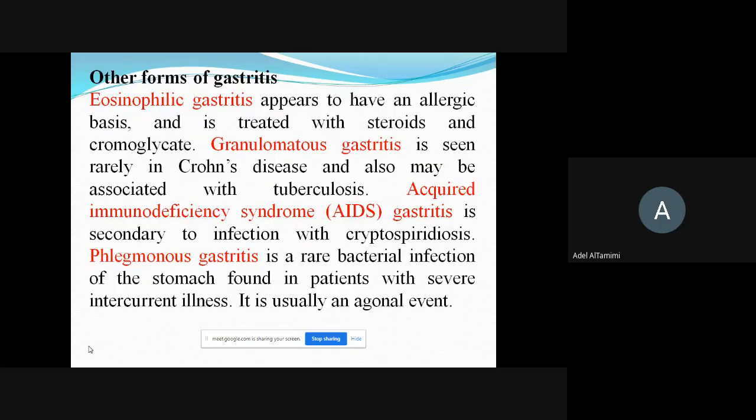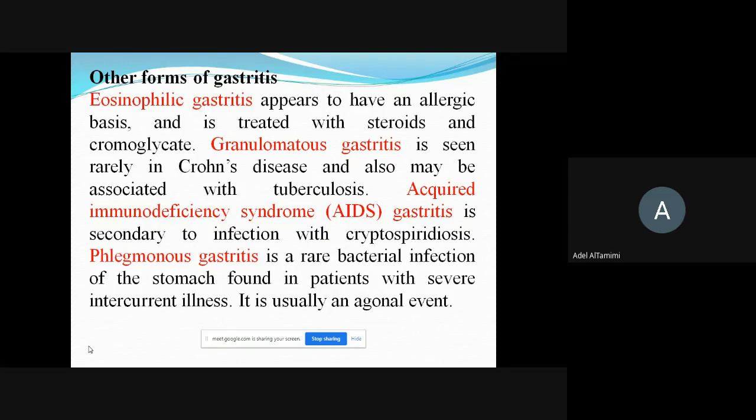Other forms of gastritis include eosinophilic gastritis, which appear to be an allergic basis and treated by steroid and chromoglycate drugs. Other type of gastritis, which is granulomatous gastritis, usually seen in patients with Crohn's disease and sometimes tuberculosis.